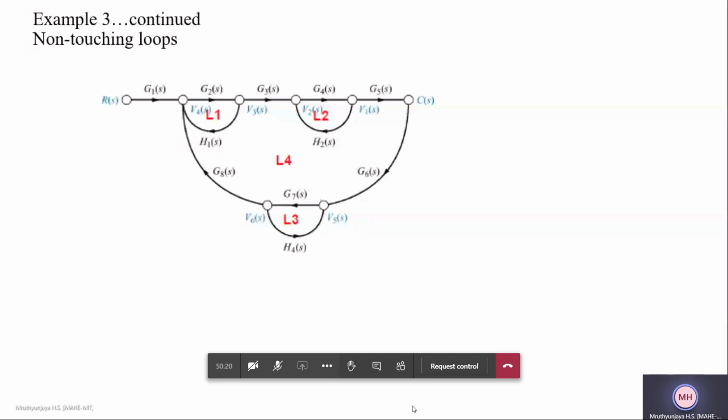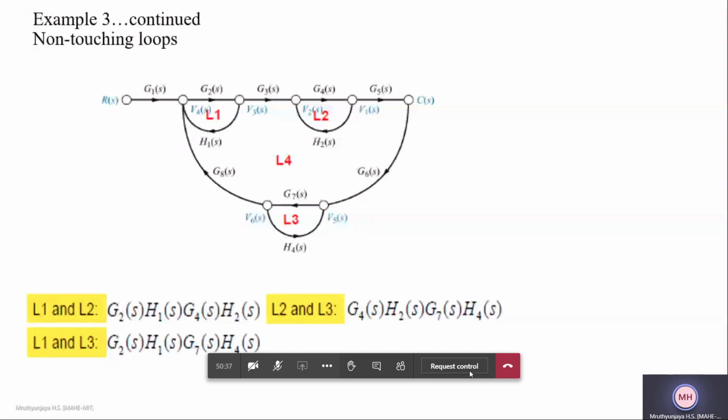So there are 3 pairs of 2 non-touching loops: L1, L2, L1, L3, L2, L3. Sir, L2, L4 is not non-touching. L2, L4, it is touching. Okay.